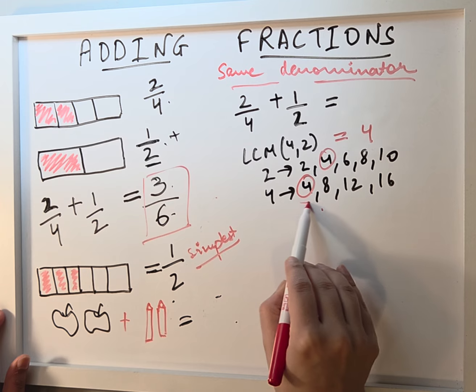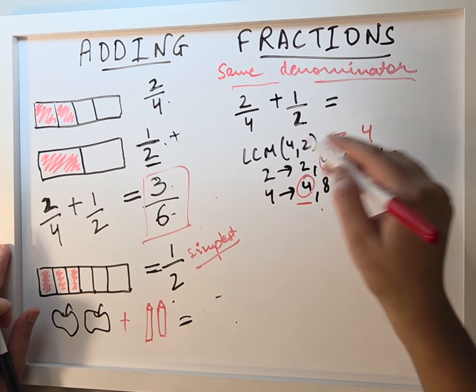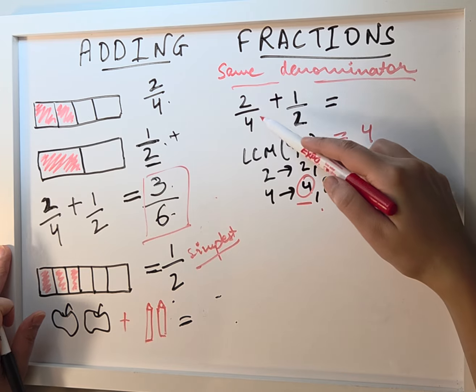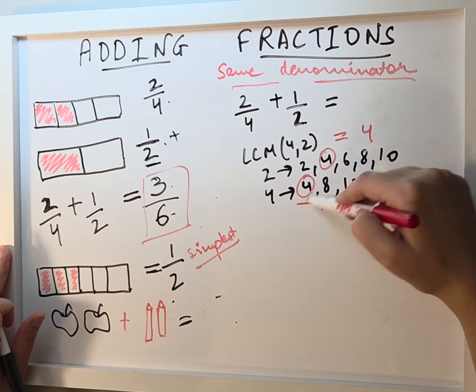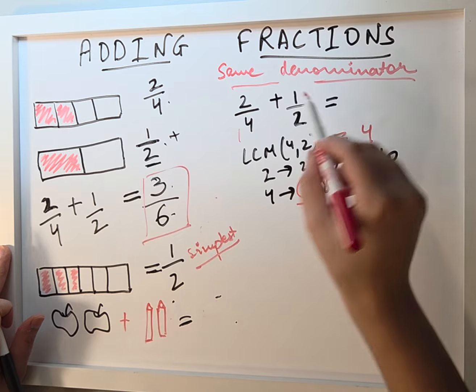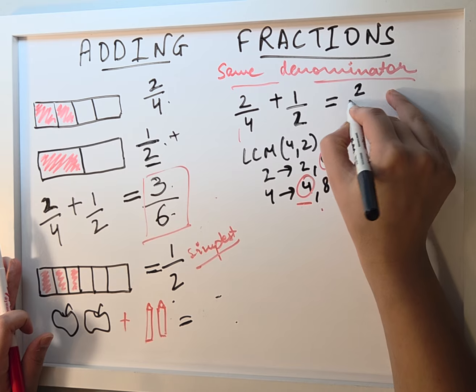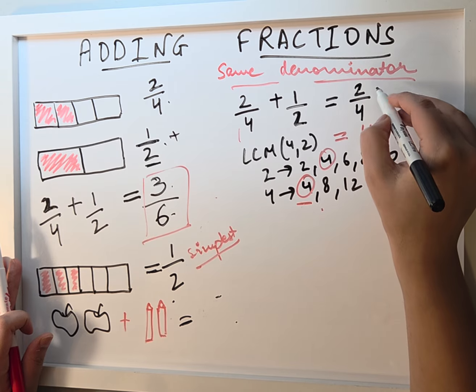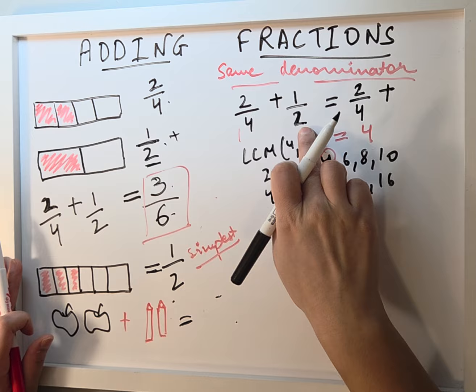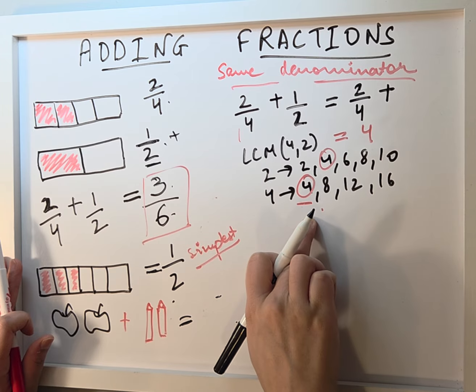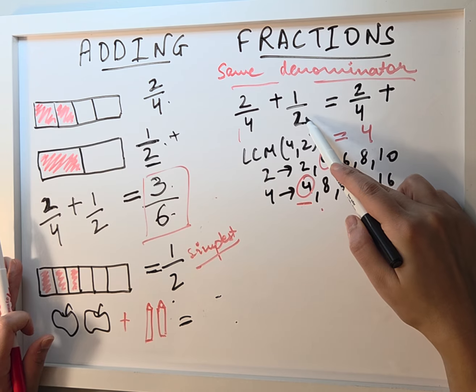So here we have 4. Now what is the next step? We have to see what we need to do to make the denominator 4. In the first one, the denominator is already 4, so we write it as it is: 2 by 4 plus, now 2. What do we need to make it 4? We need to multiply it by 2.